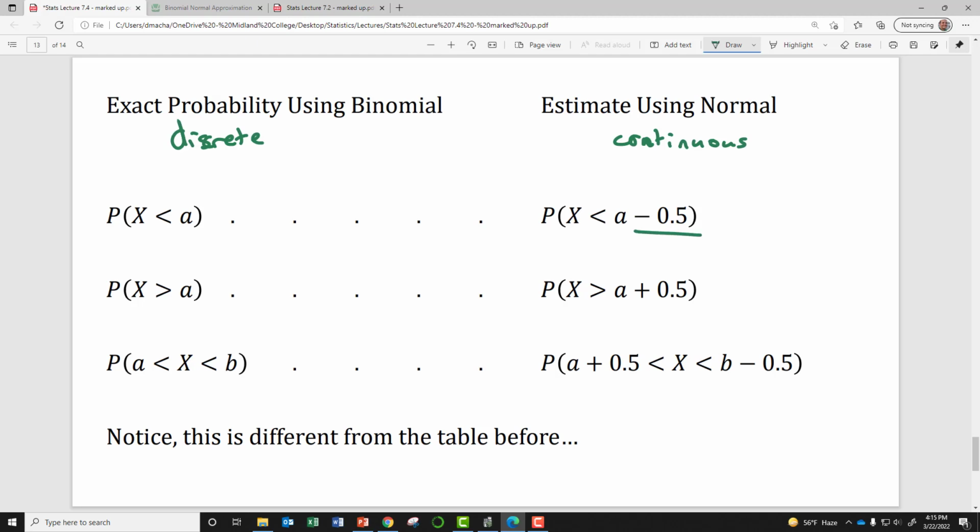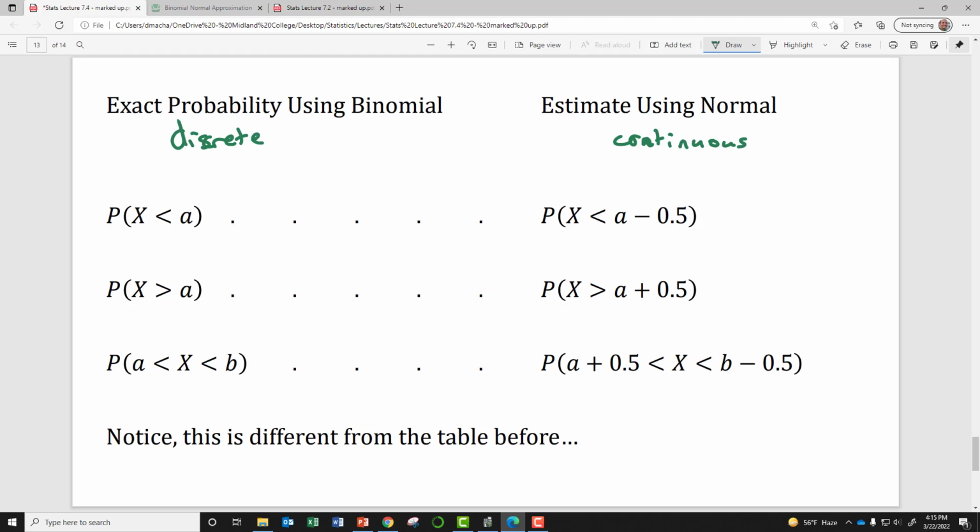And if you're asking x greater than a, exclusive, then we add a half to the lower bound. So this is opposite of what we were doing before, because now the probabilities are exclusive instead of inclusive. And again, just like this, we add half to the lower bound and subtract half from the upper bound because of the way I use less than or equal to or just less than, or greater than and equal to or just greater than. So keep your eyes peeled and think carefully about these questions.